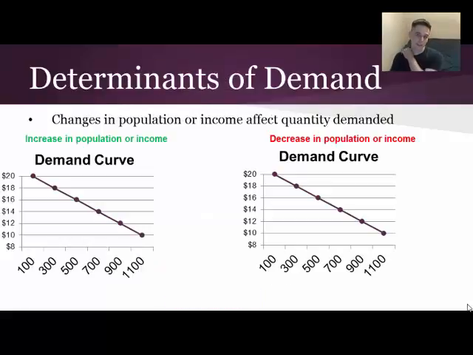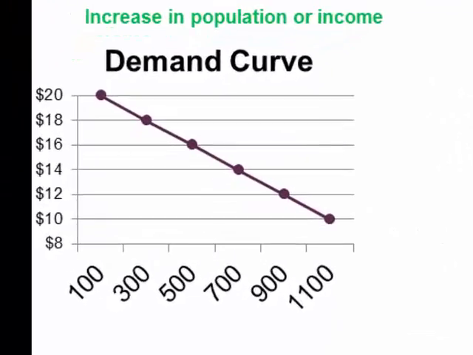So, determinants of demand. What else affects demand besides just price? We have changes in population or income. There are other determinants, but we'll just focus on these two for now. On the graphic on my left, in green, is what happens if there's an increase in population or an increase in the average income of people.